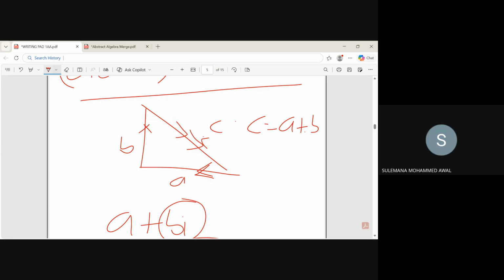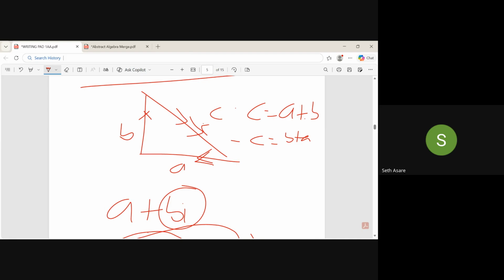It will be B plus A. Negative C is equal to B plus A. So C plus A is equal to B. Sir, please, the negative C, B plus A. Can you still make it negative C, A plus B? Yeah, it's the same. But I am asking, at what level are we going to have this?